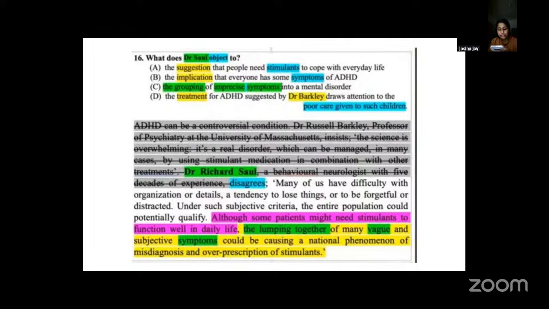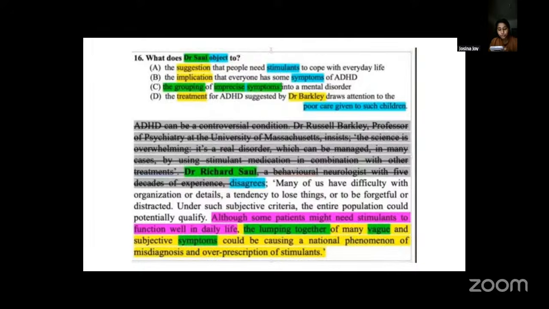So here we can see a subject complement. Subject complement means whatever comes between the commas or hyphen is the subject complement. So we can just ignore that and read it as Dr. Richard Saul disagrees. Again, disagrees is the synonym of object in the question stem. So we can confirm that our answer will be after this sentence.